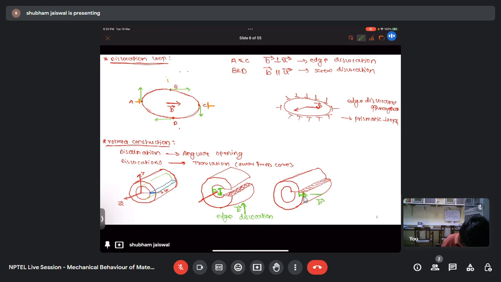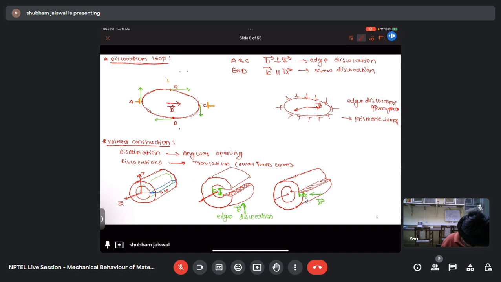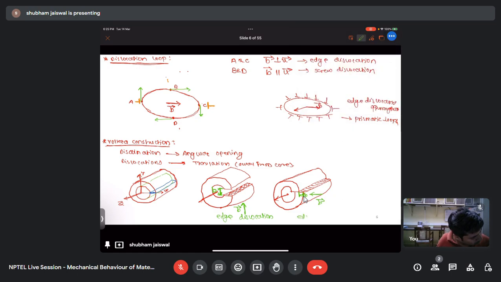This is the direction of my Burgers vector, and this is the direction of my line vector. So in this case also, the Burgers vector is perpendicular to the line vector. So this is again a case of edge dislocation.